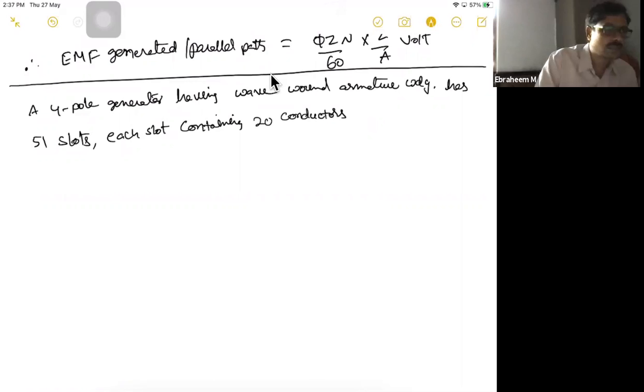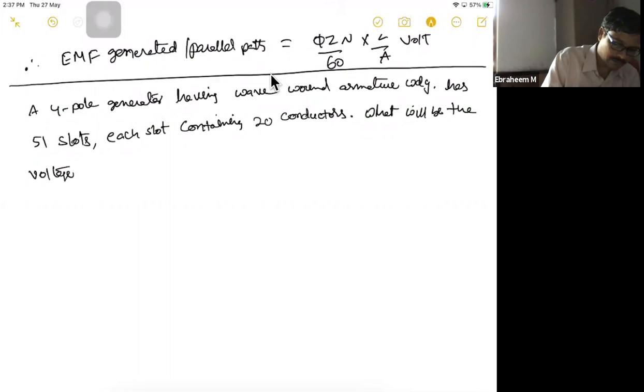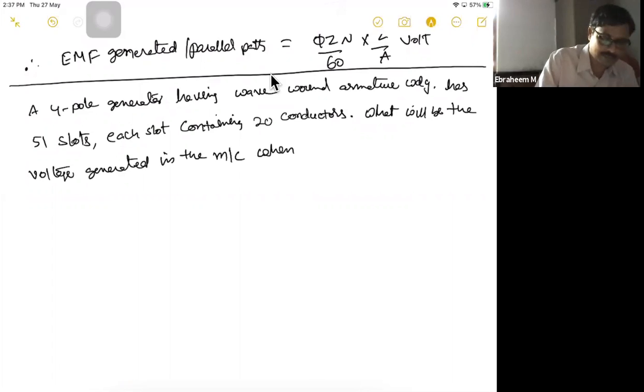What will be the voltage generated in the machine when driven at 1500 rpm?